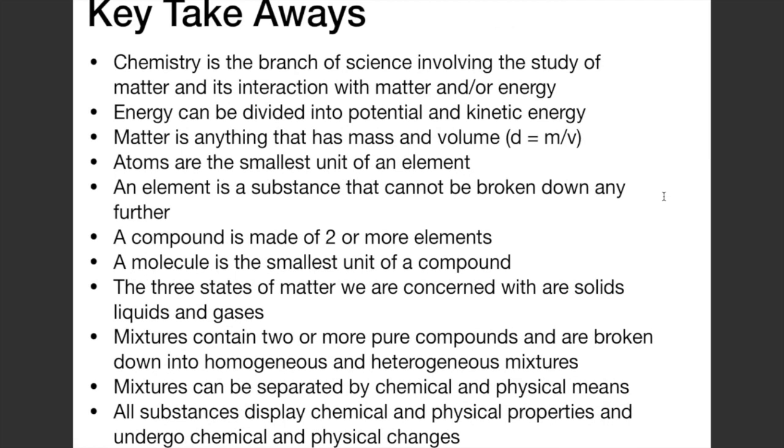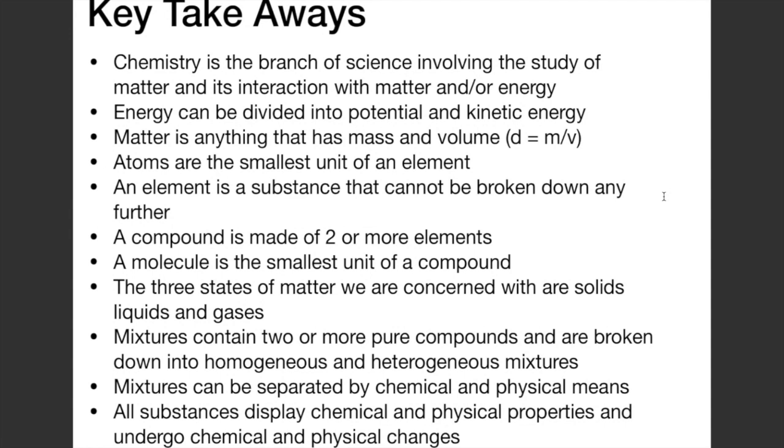So that brings us to the end of this video, which was long because we had a lot of definitions to go through. In this video, I would say that the key takeaways is that chemistry is the branch of science that involves the study of matter and its interaction with matter and/or energy. We divide energy into potential energy and kinetic energy.